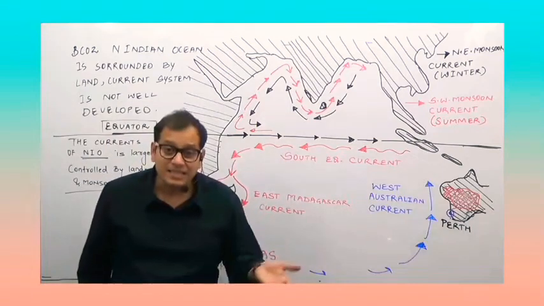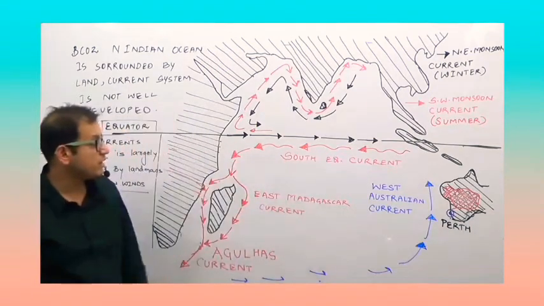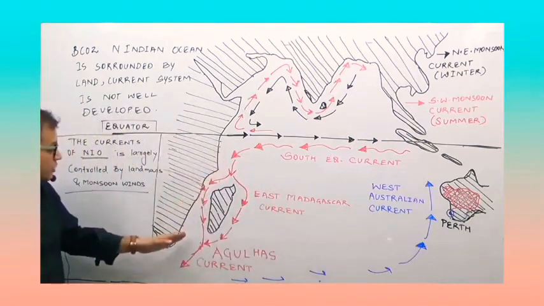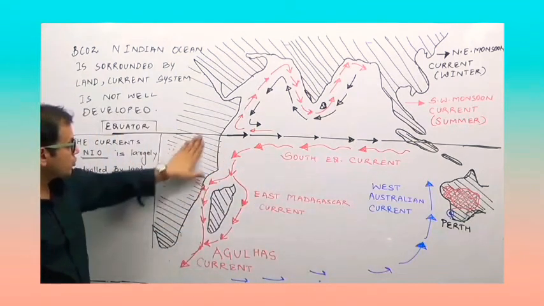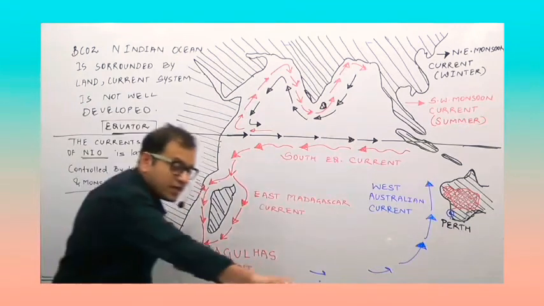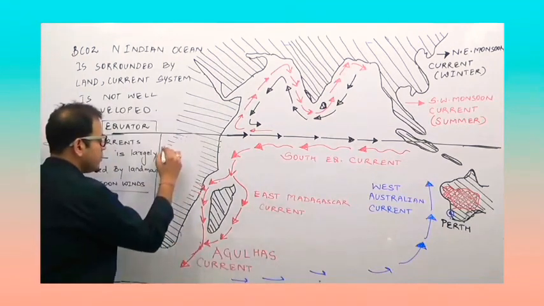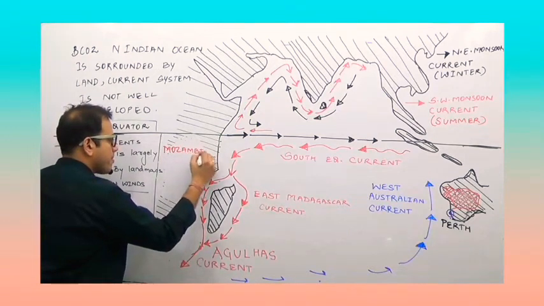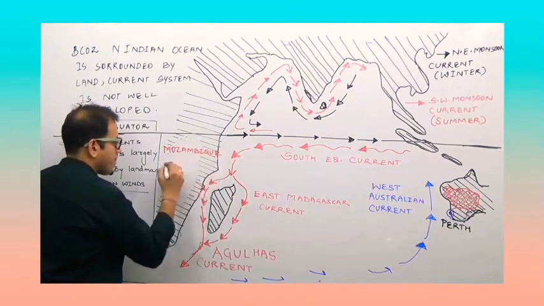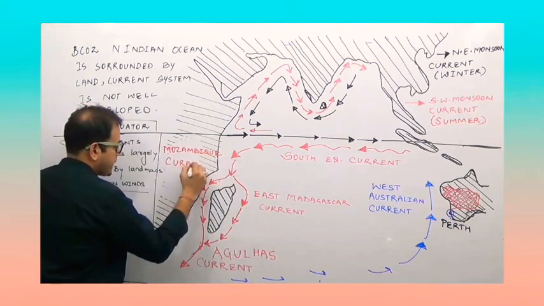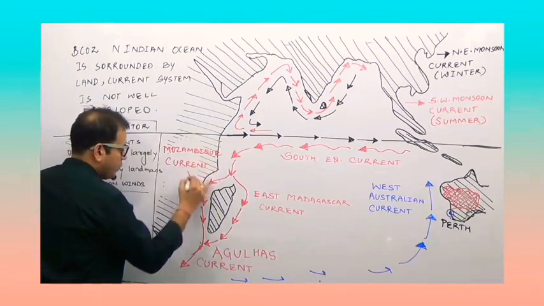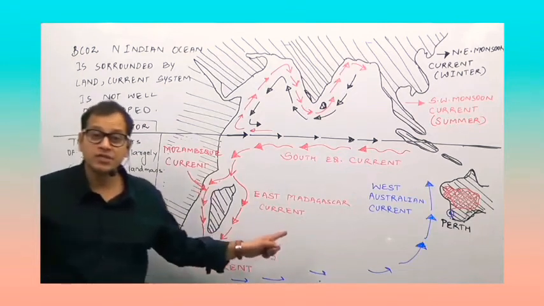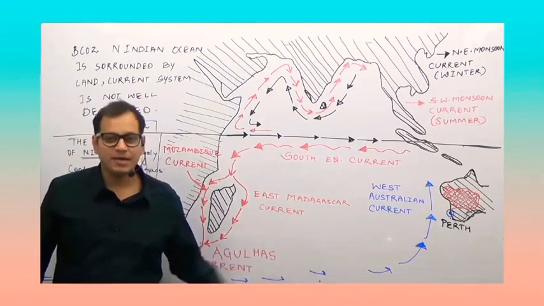While in the southern hemisphere there is a South Equatorial current. This South Equatorial current then continues as a Mozambique current, which flows through the Mozambique channel, while one current which flows to the eastern side of Madagascar is the East Madagascar current.